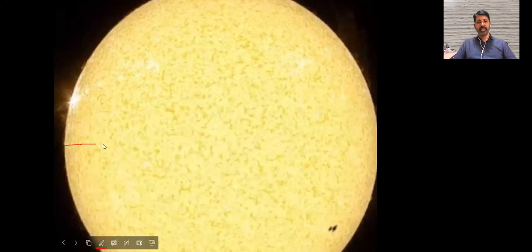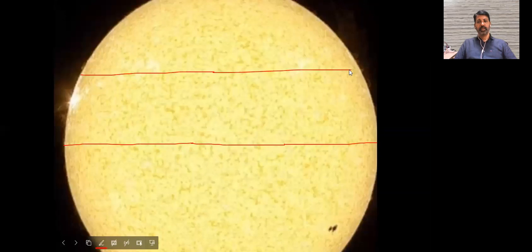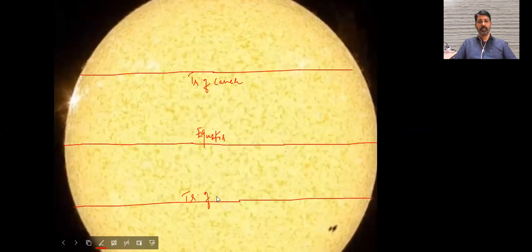You consider this is the earth. Actually, this is the sun. We can consider this as the earth. So this is the equator. And this is the Tropic of Cancer and Tropic of Capricorn.